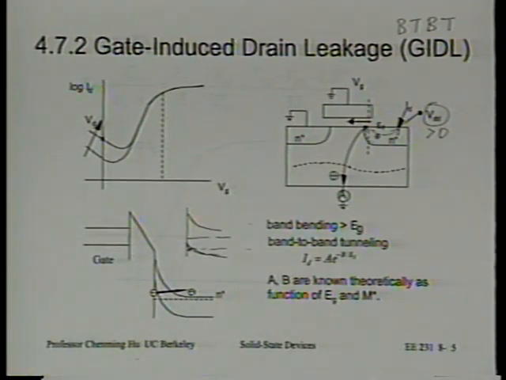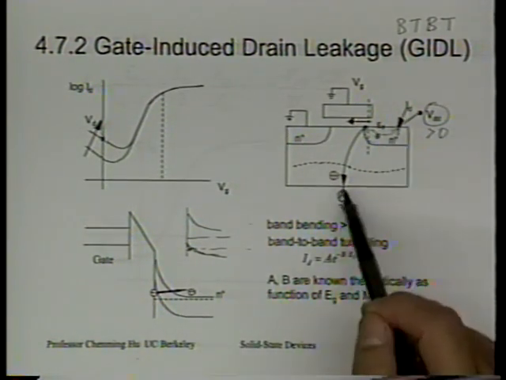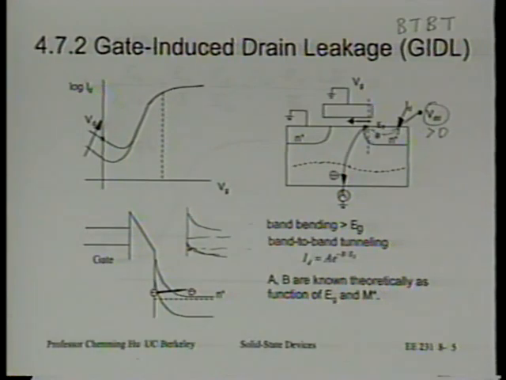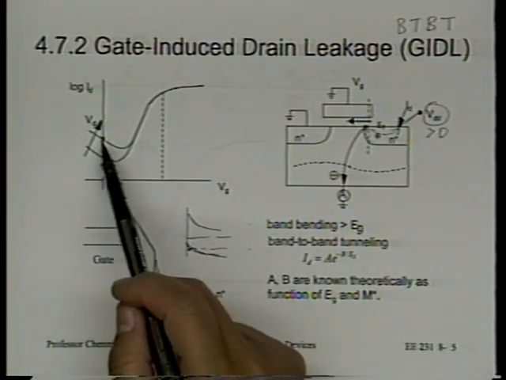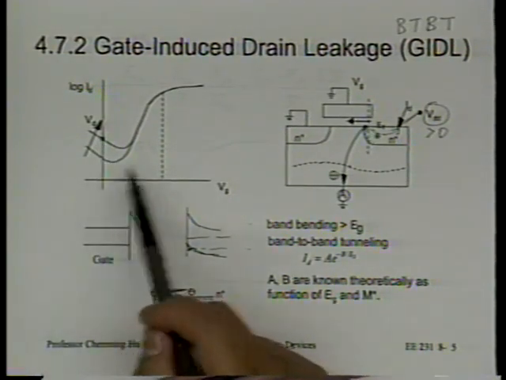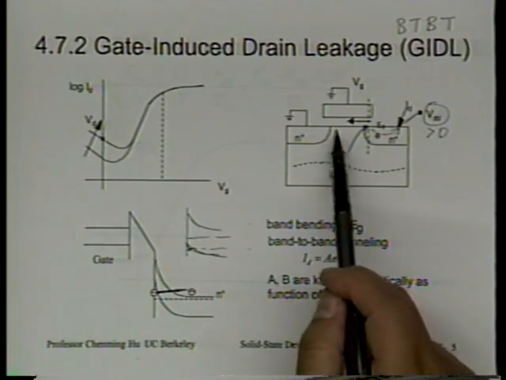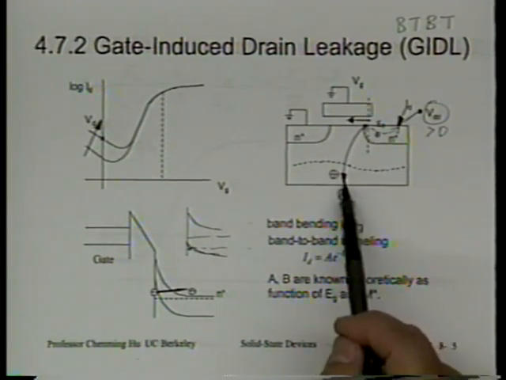Okay? So first of all, we now see that this band-to-band tunneling leakage current flows between the drain and the substrate, not between the drain and the source. So that's an easy way to separate these two mechanisms. If you see some current here, you don't know whether it's due to the subthreshold leakage or due to the GIDL current.